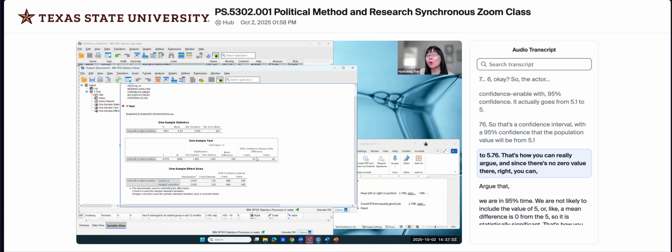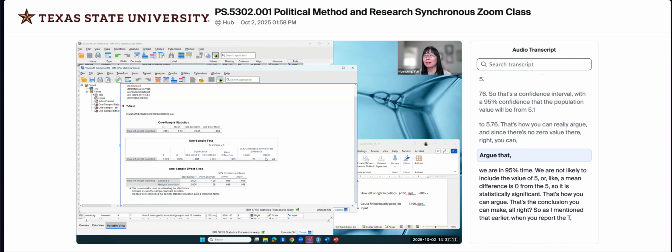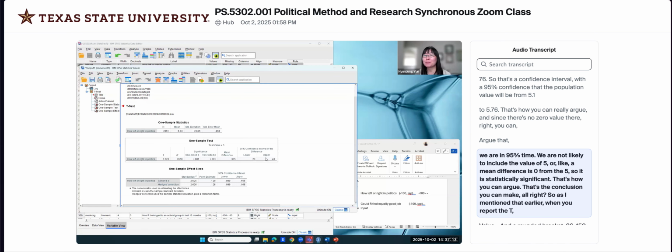And since there's no zero value there, you can argue that 95% of the time we are not likely to include the value of 5, or a mean difference of 0 from the 5. So it is statistically significant. That's the conclusion you can make.